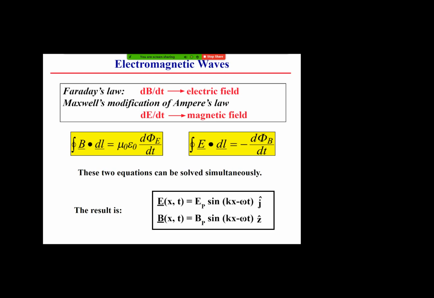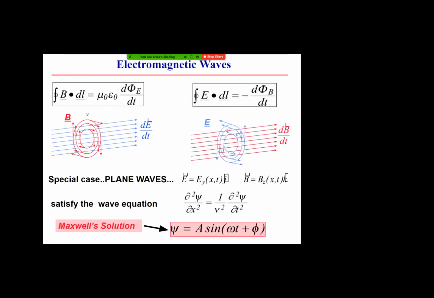That means the E field and B field should be perpendicular to each other. According to these two equations above, that's what you get. We are not going to go through the derivations, but if you solve the two simultaneously, you will get the solutions for the electric field and also the magnetic field.